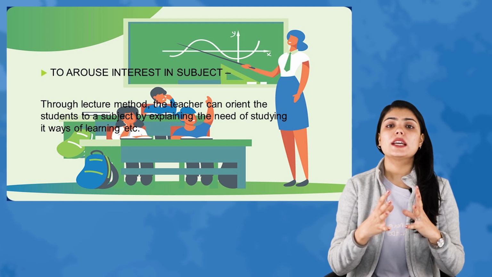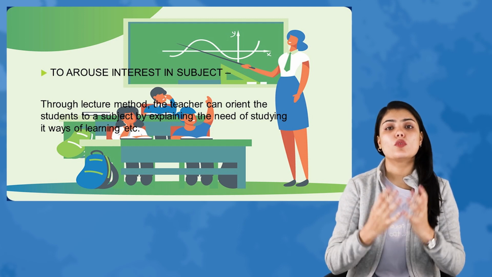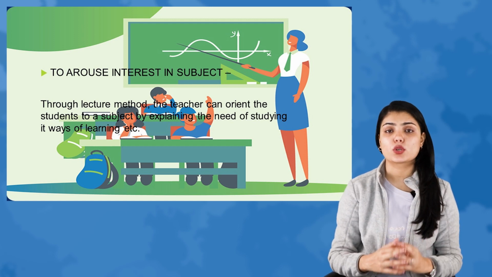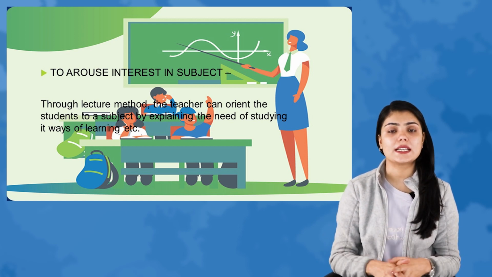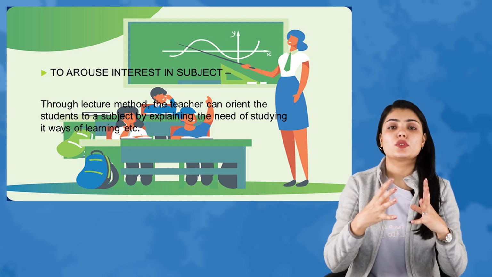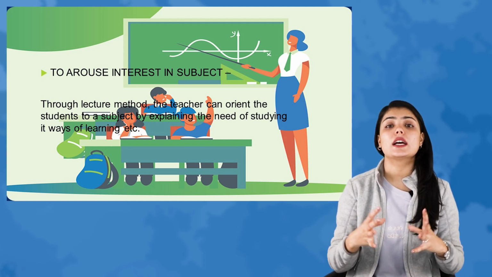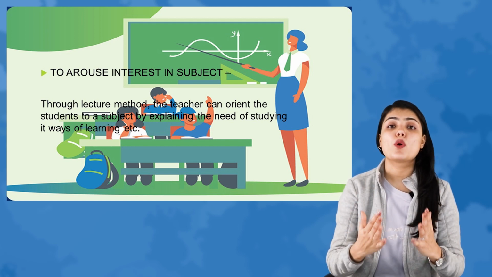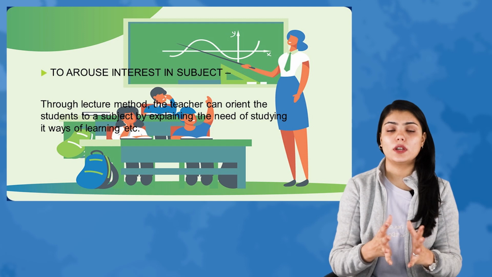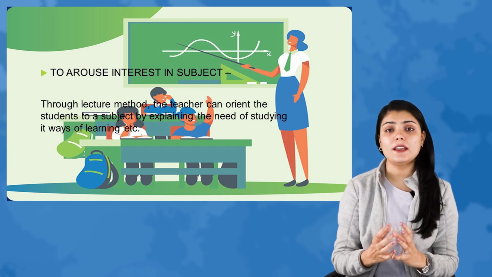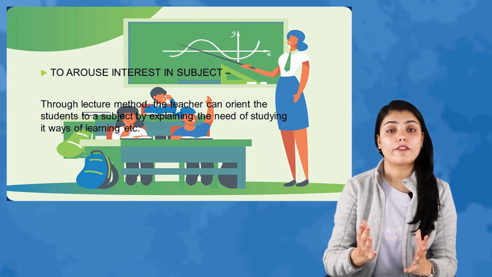So the teacher also focuses on arousing interest in the students about the particular content, teaching them different ways of learning it and why it is important to study this topic, so that the students understand the need for study and learn the topic effectively.